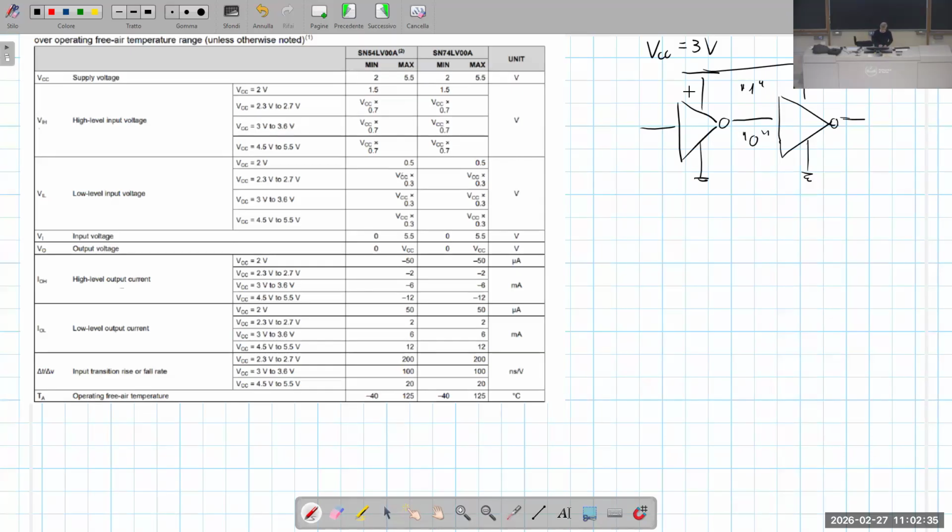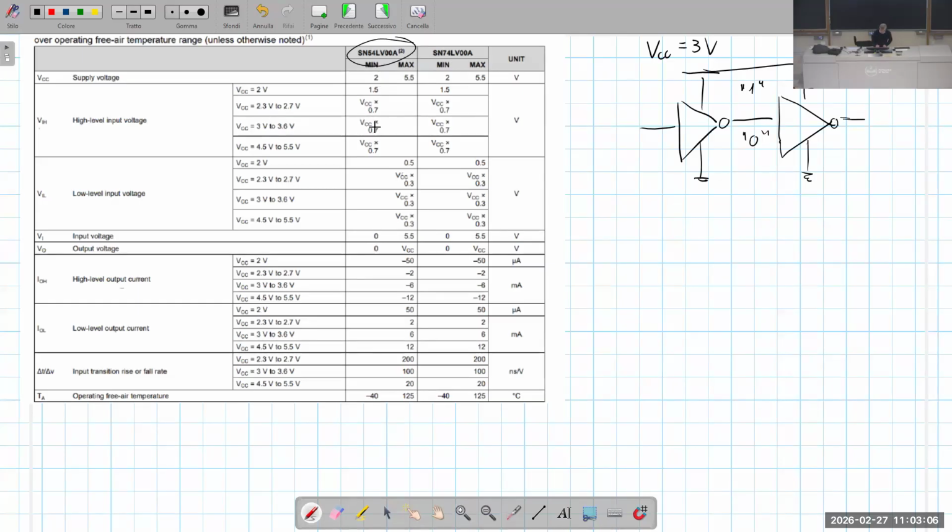For what concerns the input voltages at the high level, it is stated in the data sheet that for VCC voltage from 3 volt to 3.6 volt, which is our case, let's consider this first column. Actually, there are different versions of the gate. For reference, just consider this first column.